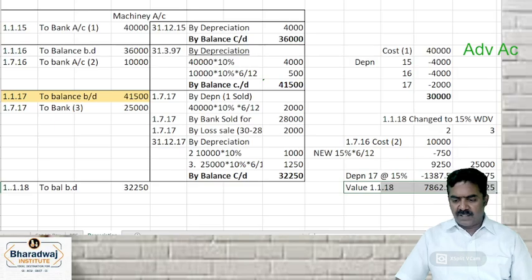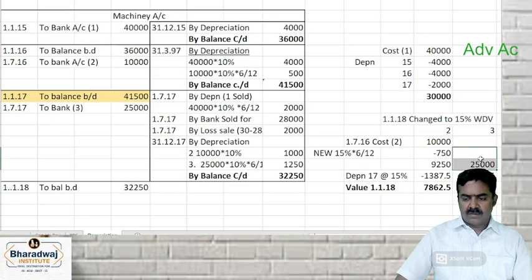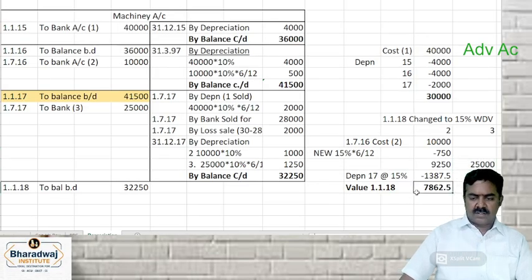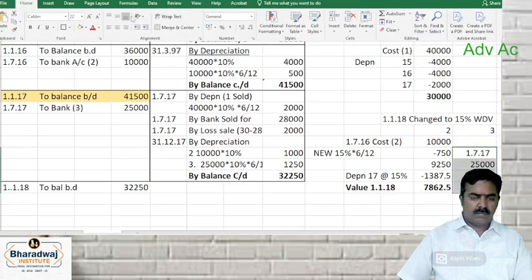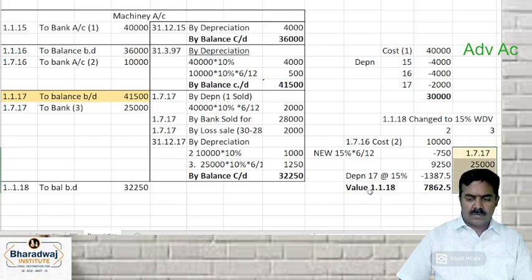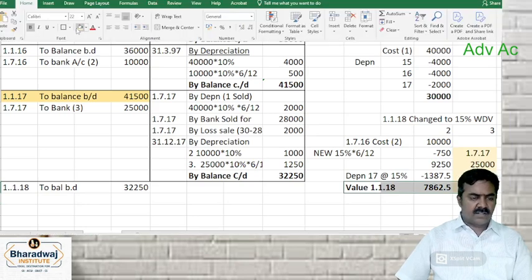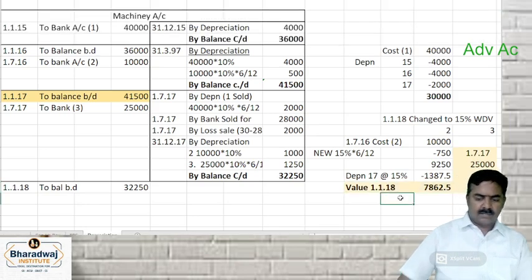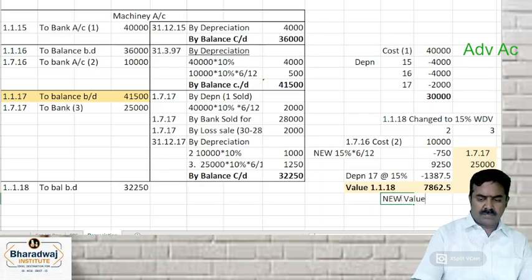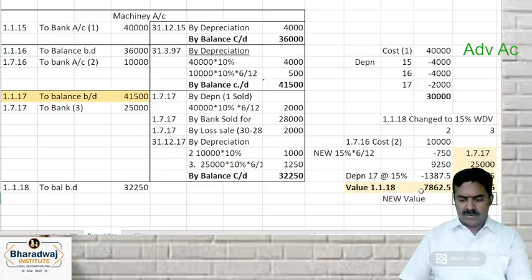So this is the value of the asset. This was purchased on what date? So what is the value of the asset? Add both.